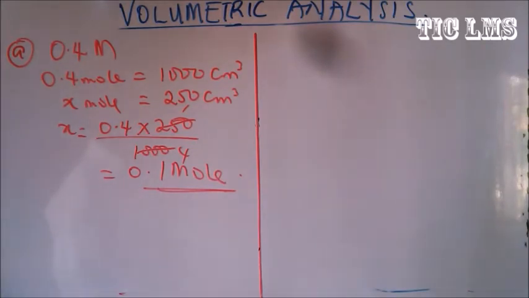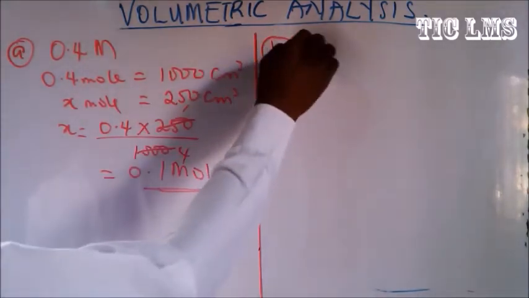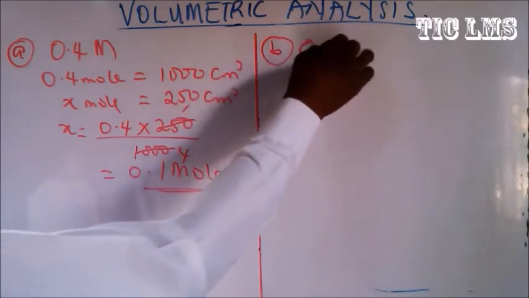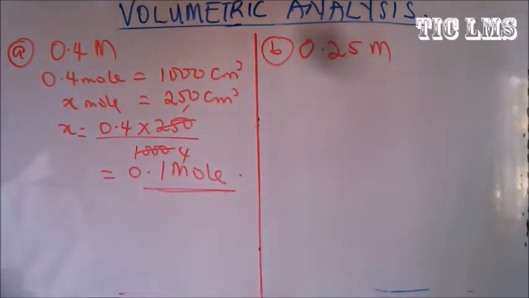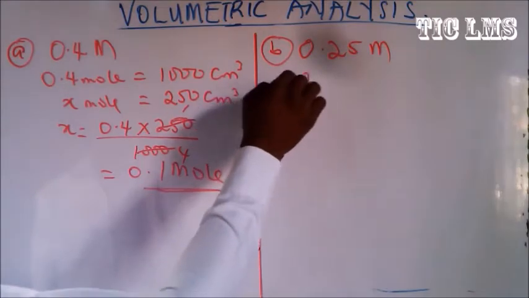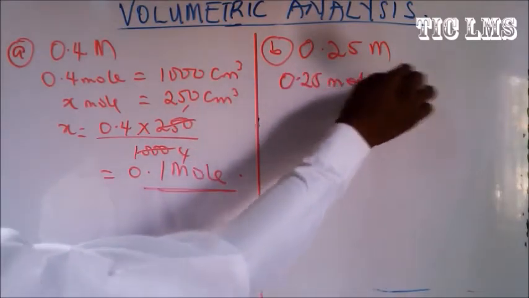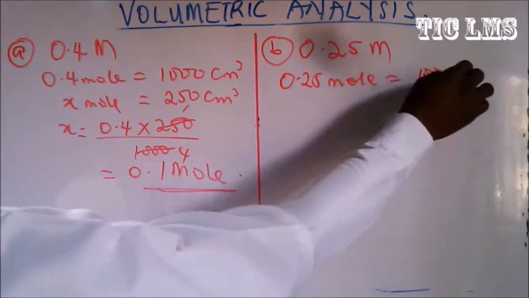The B part says that in 1 dm³ of 0.25 molar potassium hydroxide. Now this is also straightforward. We know that 0.25 molar of potassium hydroxide is 0.25 mole in 1000 cm³.